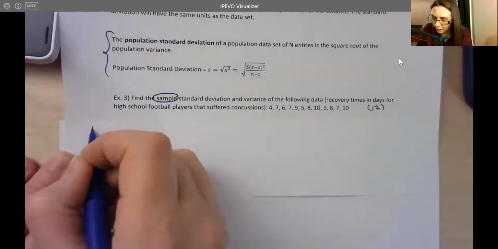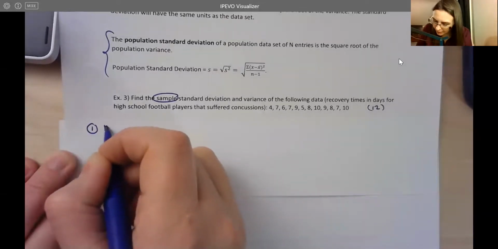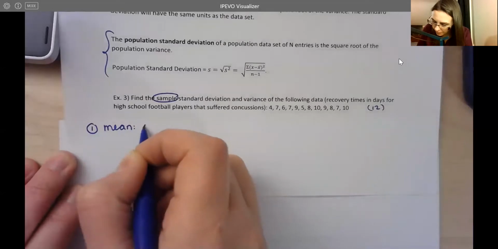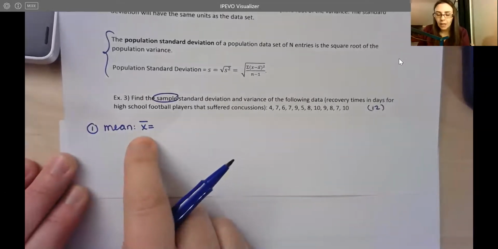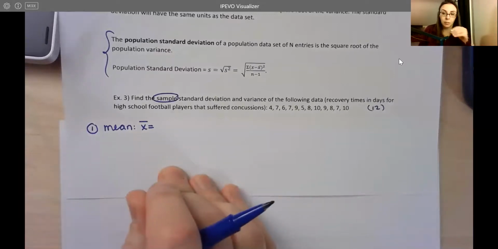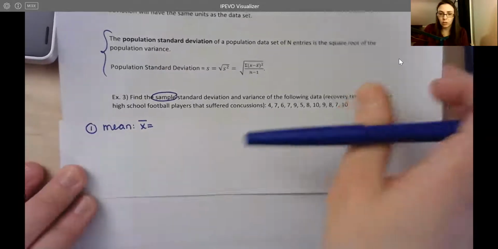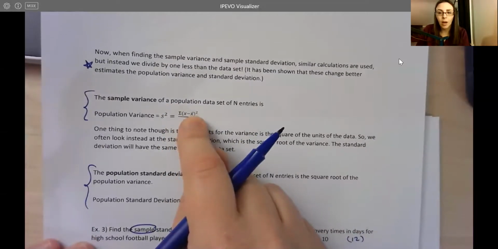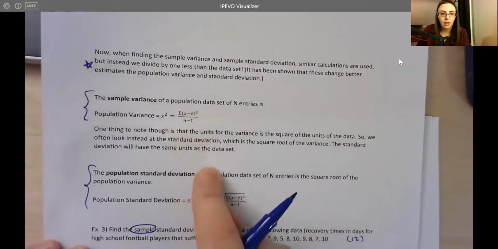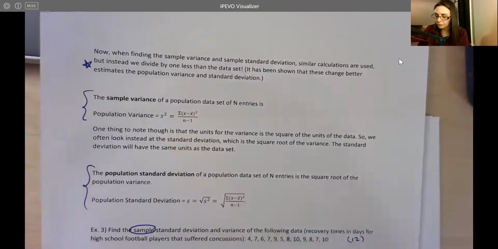I'm going to start the same way. The first thing I have to do is find the mean. My mean here would be X bar. My population mean, remember, was mu. So you're seeing those changes in the formulas as well. Instead of using mu, because that's the population mean, we're using X bar, the sample mean.